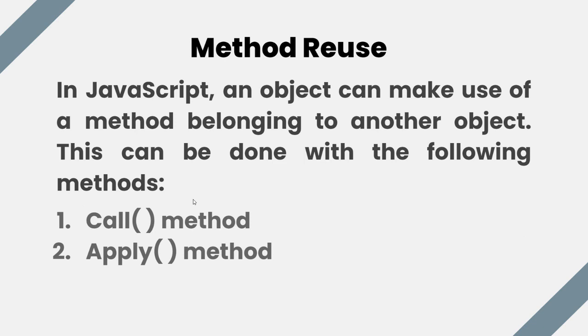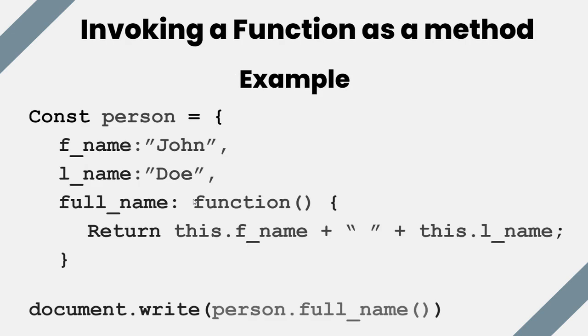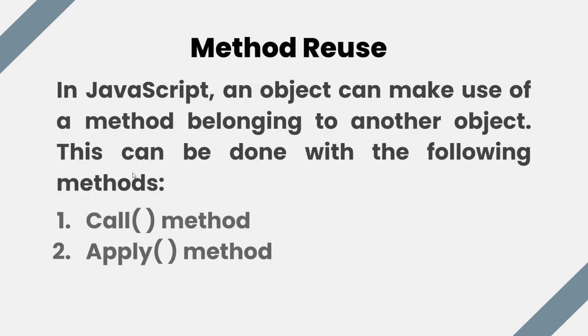For us to do that, going back to the example we have here, we would need to write all these codes over and over again to return a different first name with a different last name.